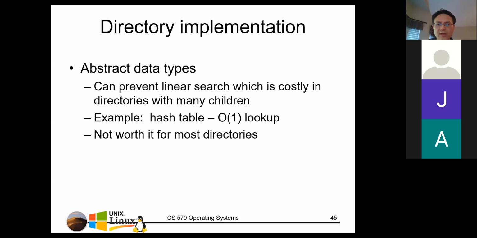So what is the big O computational complexity for using a hash table search? So the best scenario would be what? Would be each file name having a unique hash code, right? So in that scenario, you would have O(1) lookup time, right? You guys know how hash table works, right?